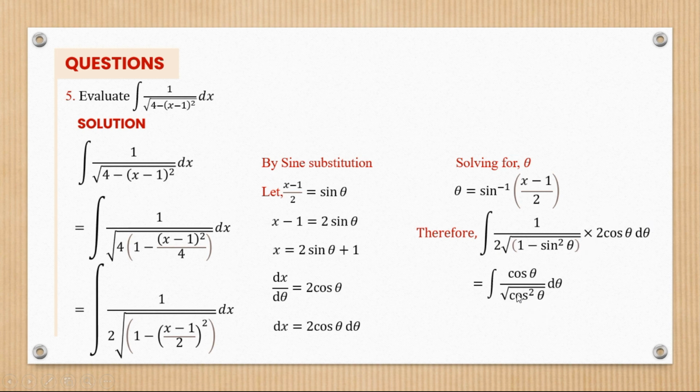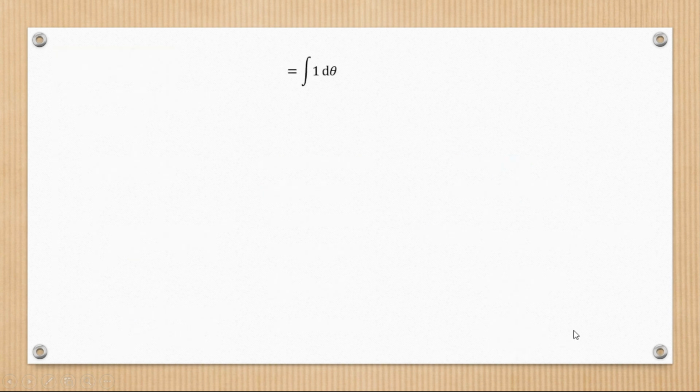Now this shall give us cos theta over cos theta, and when these divide each other, we're left with 1. So we have the integral of 1 d theta, which is equal to theta plus c. But remember, theta is sine inverse of bracket x minus 1 over 2. So our answer shall be sine inverse of bracket x minus 1 over 2 plus c, and that is the answer.